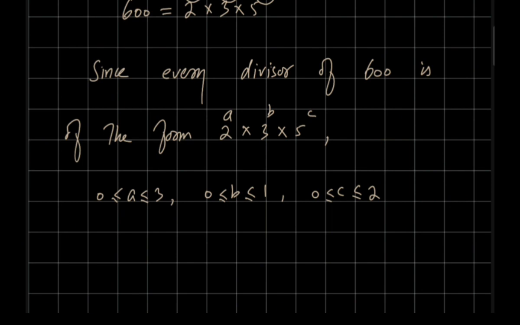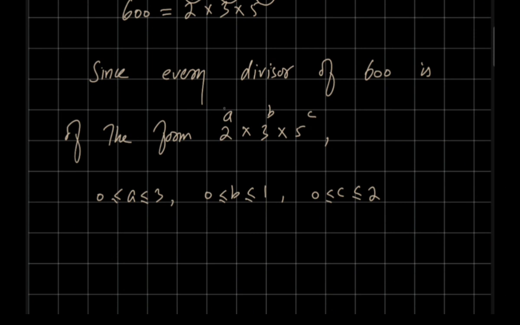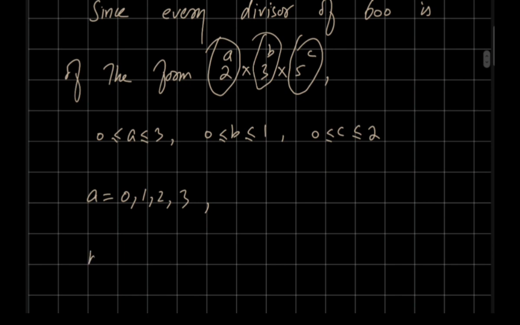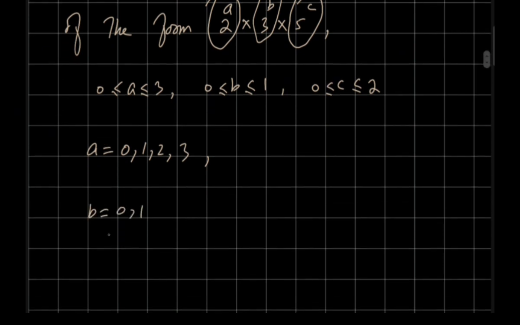Since every divisor of 600 has 3 subparts, the first one is 2 to the a, the second subtask is 3 to the b, the third subtask is 5 to the c. For a we have 4 possibilities, because a can be 0, 1, 2 or 3. b can be 0 or 1. c can be 0, 1 or 2.